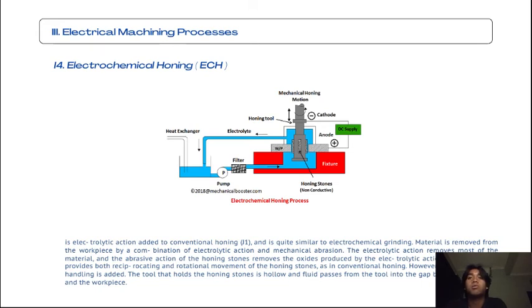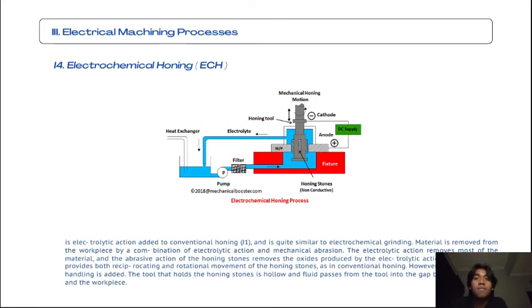So the gap between the tool and the work is approximately 0.003 to 0.005 inch, or 0.08 to 0.13 millimeter, at the start of the operation, increasing to about 0.5 millimeter at the conclusion, but the stones remain in contact with the workpiece normally.